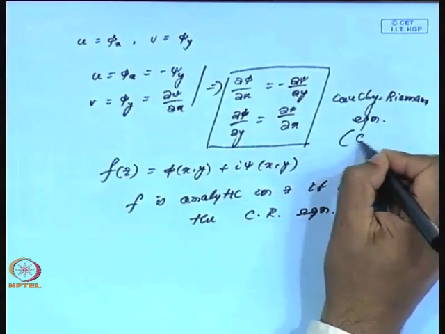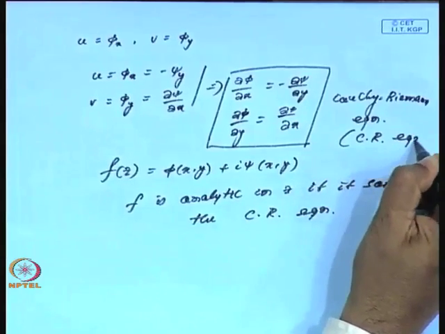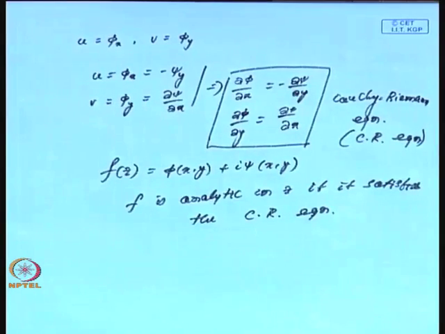So, in short we call it the Cauchy-Riemann equation. So, that means for a two dimensional flow, if the flow is potential.